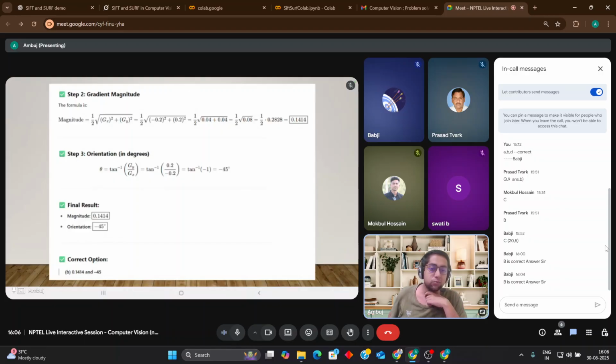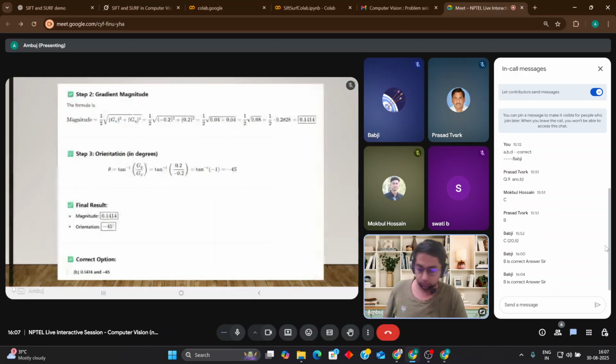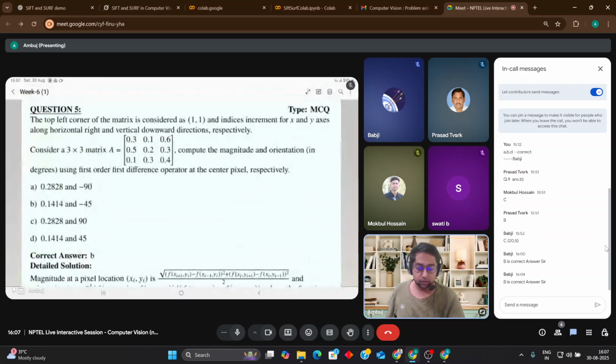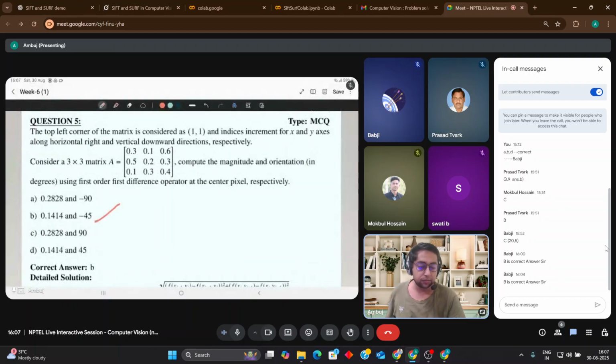Tan inverse of minus 1 is minus 45 degrees. The final result is magnitude 0.1414 and orientation minus 45 degrees, so it is option number B. This is correct. The rest of the mathematical aspects have also been given here in brief.